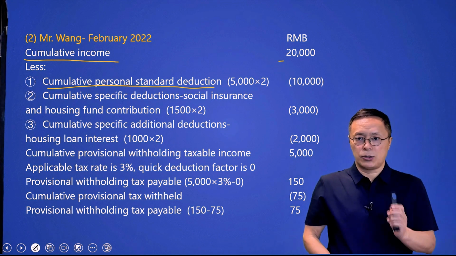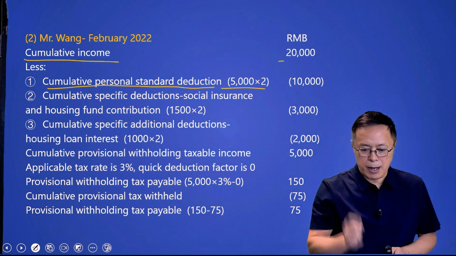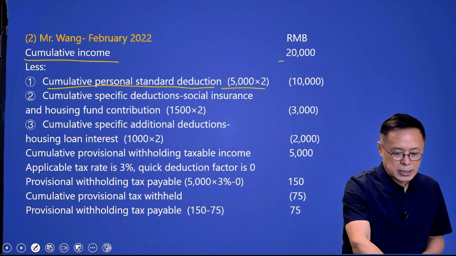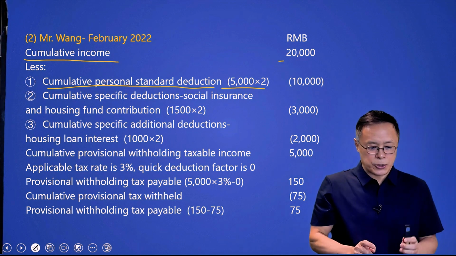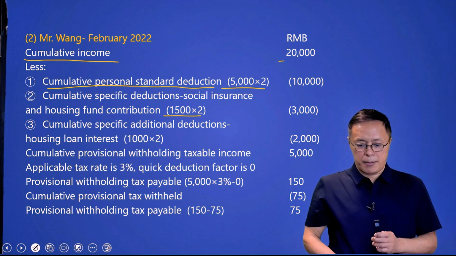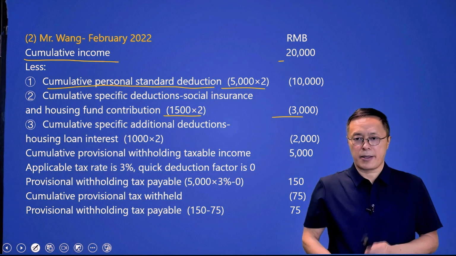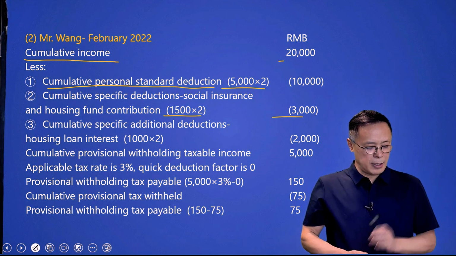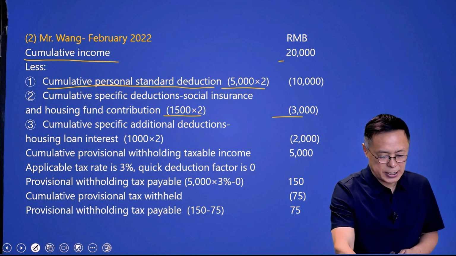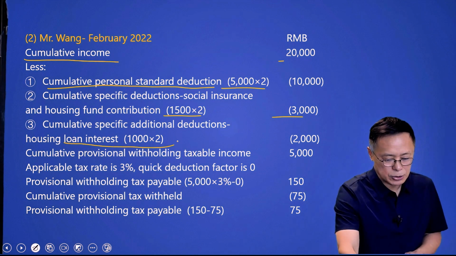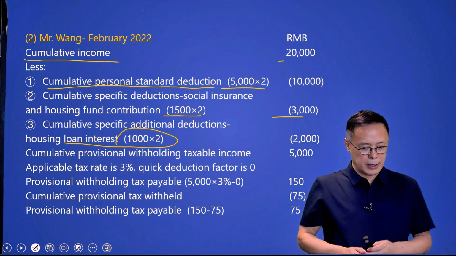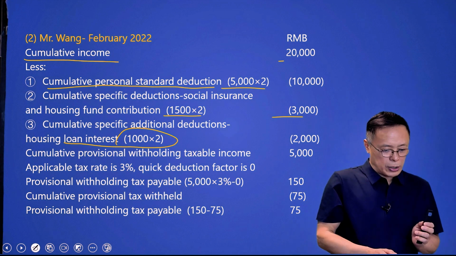Less cumulative personal standard deduction. 2 months, so the amount is 10,000. Less cumulative specific deductions, which is social insurance and housing fund contribution. 2 months, so the amount is 3,000. Continued, less cumulative specific additional deductions, which is housing loan interest. 2 months, so the amount is 2,000.